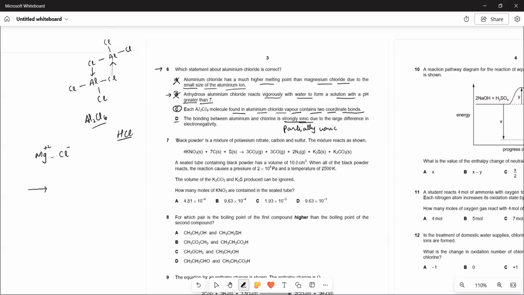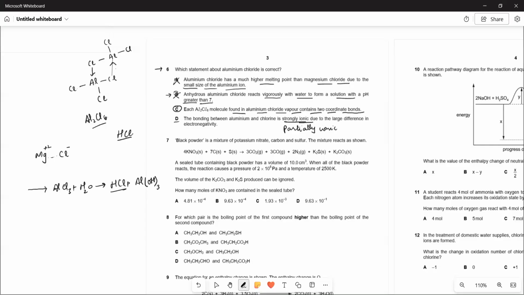So look at this. If you look at the reaction of aluminium chloride with water, it gives us HCl and will give us aluminium hydroxide. That is a strong acid. So due to this, the pH should be less than 7.